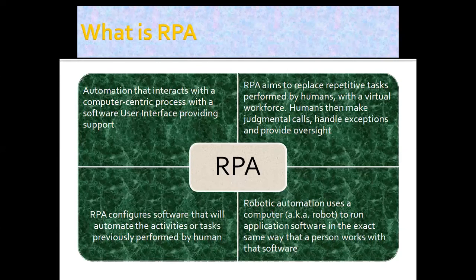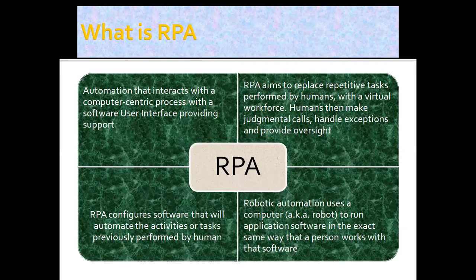Okay, if you see what an RPA is, it's an automation that interacts with the computer-centric process with a software user interface providing support. A human will not do everything, right? Whatever software or applications you have in your system, you use those and do some activities. It also does the same thing.